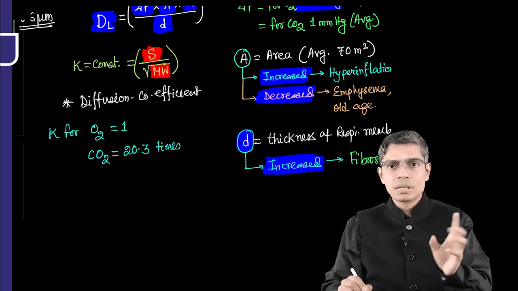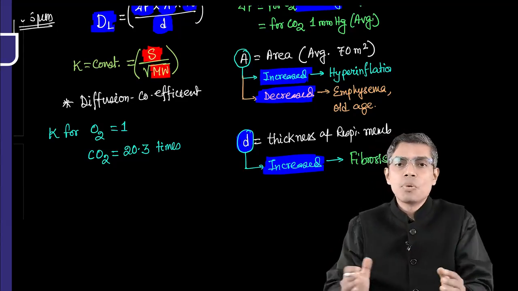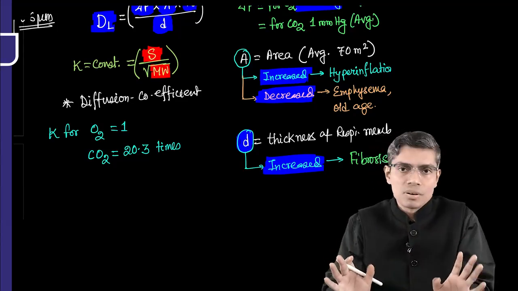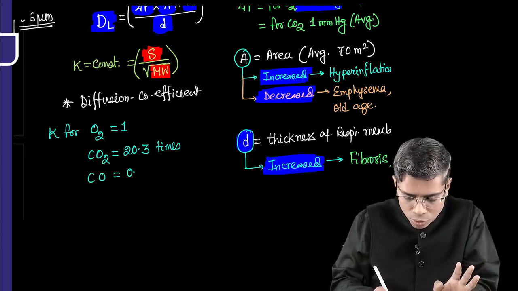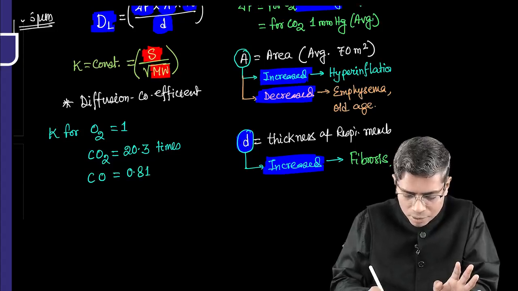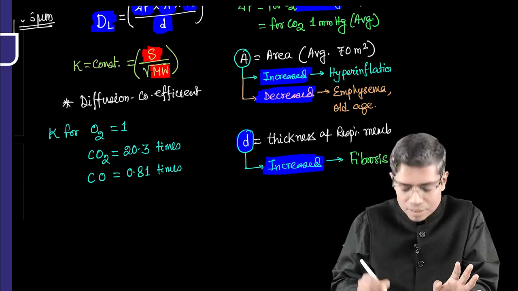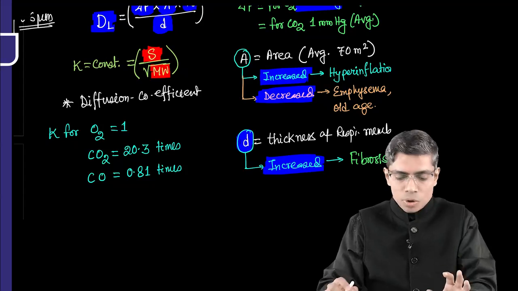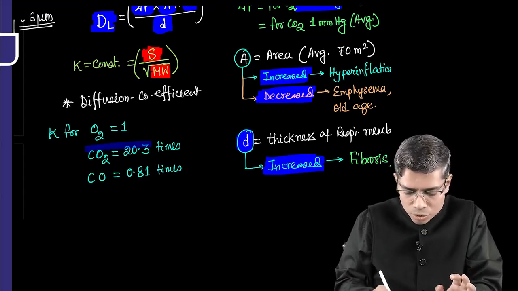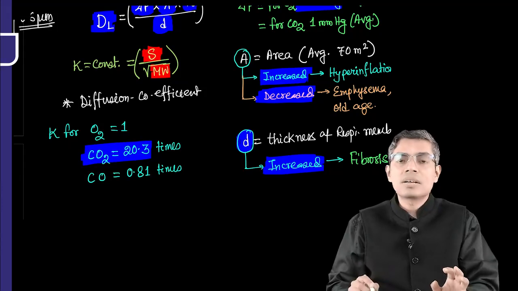So oxygen is 1, carbon dioxide is about 20 times more than oxygen. And carbon monoxide is 0.81 times that of oxygen, right? So the carbon dioxide diffusion coefficient is almost 20 times more than that of oxygen.